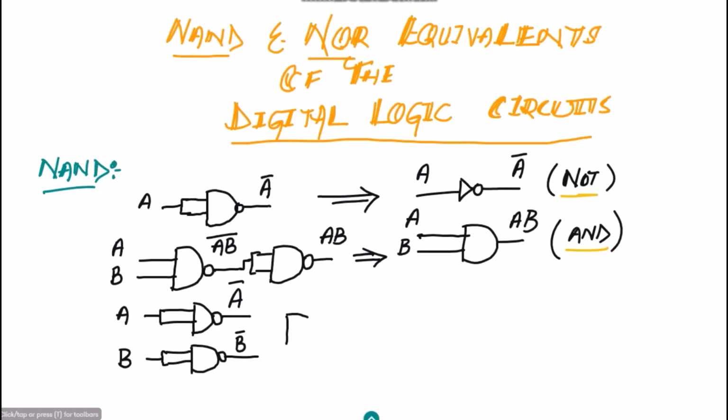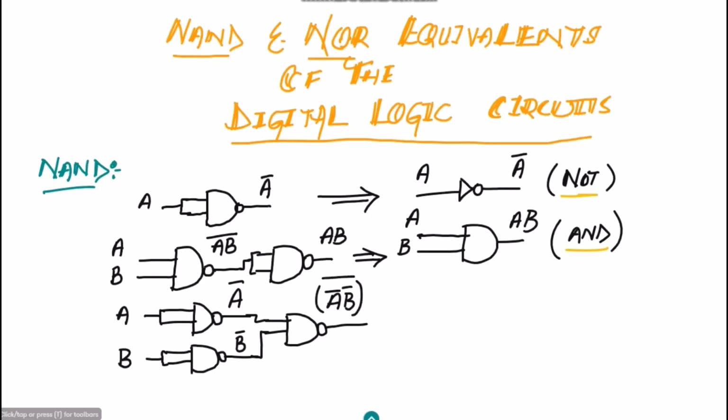These are again applied to another NAND gate, and at the output of it I will get A complement dot B complement, whole complement.